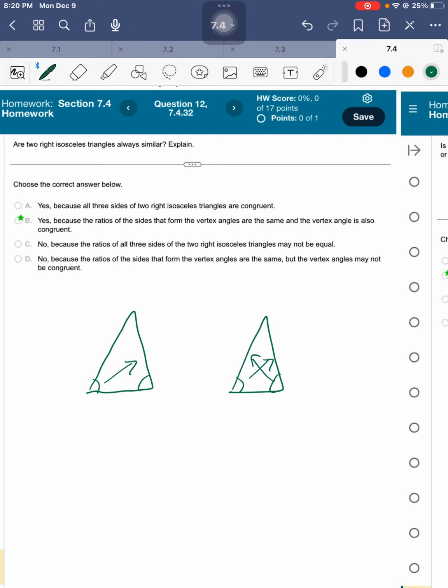Oh no, my bad. So now I know if I have two isosceles triangles, don't I know that their opposite sides are always congruent, right? Now, what do I know about the vertex angles? They're going to be the same as well.